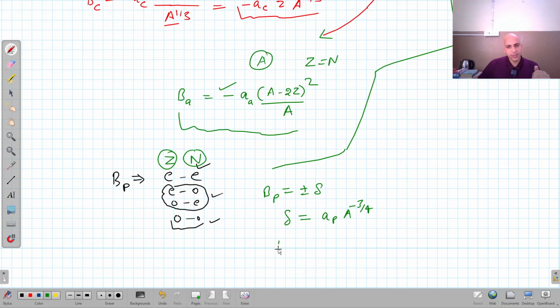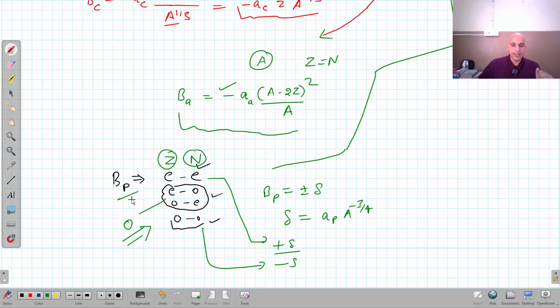This term is plus delta for even-even nuclei, we have to remember, it is minus delta for odd-odd nuclei, and it is equal to 0 for either even-odd or odd-even. So this is the pairing energy term.